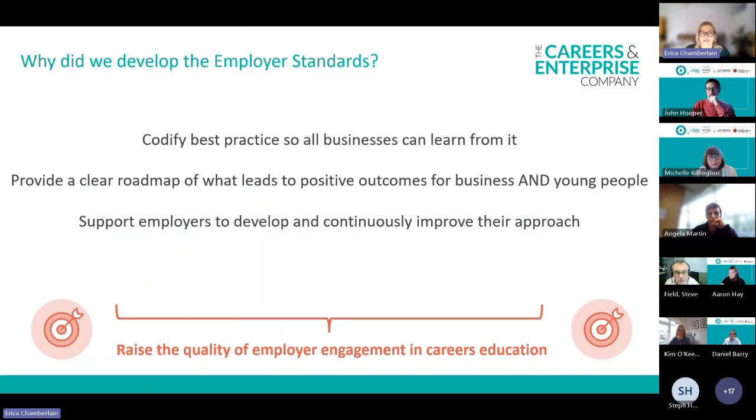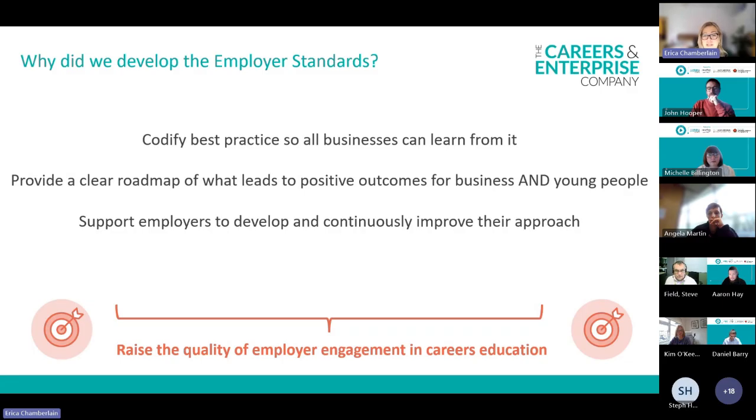So why did we develop the employer standards? Really, our ambition has been to codify best practice so that all businesses can learn from it. That would be from seasoned professionals wanting to sense check their current programmes and their approach to an employer entirely new to engaging with education. The framework that we've developed provides a clear roadmap of what leads to positive outcomes for business and young people.